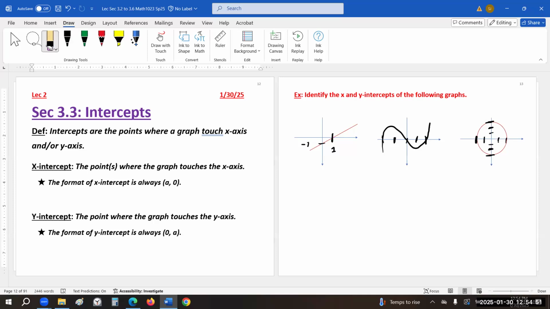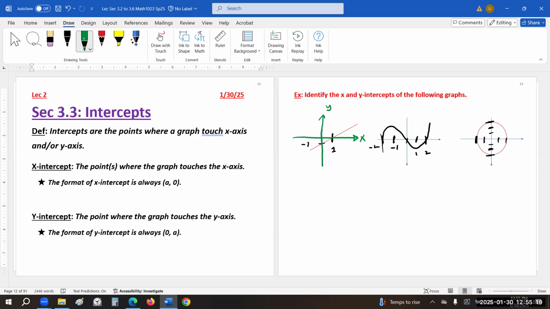Now, let's say this is -1, -2, 1, 2. Okay. So in the first one, this is our x-axis. And this is our y-axis.